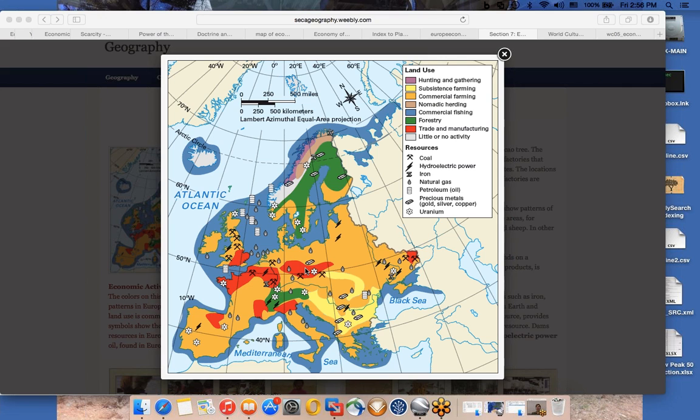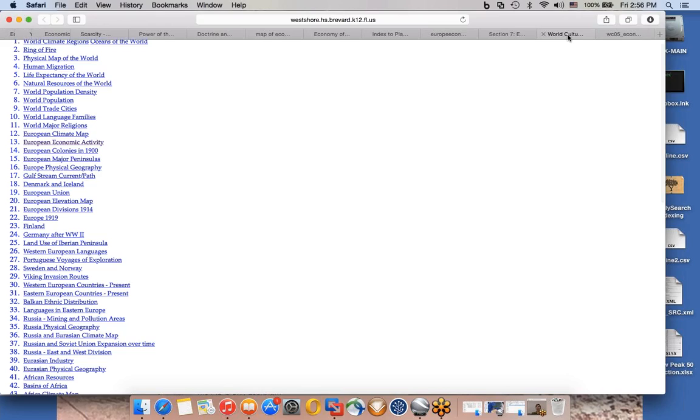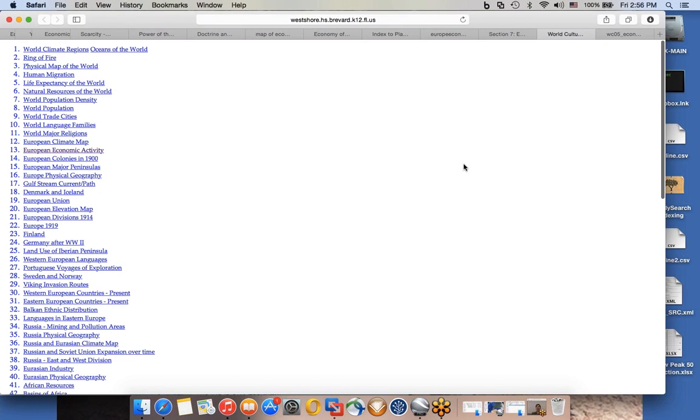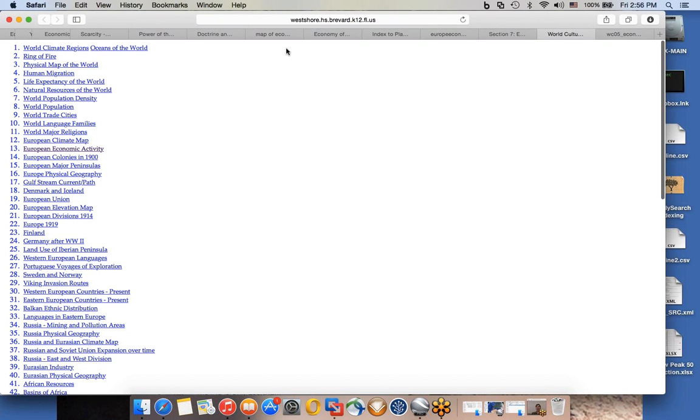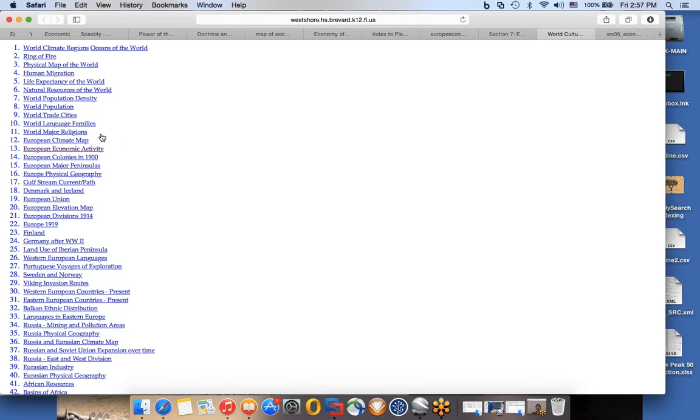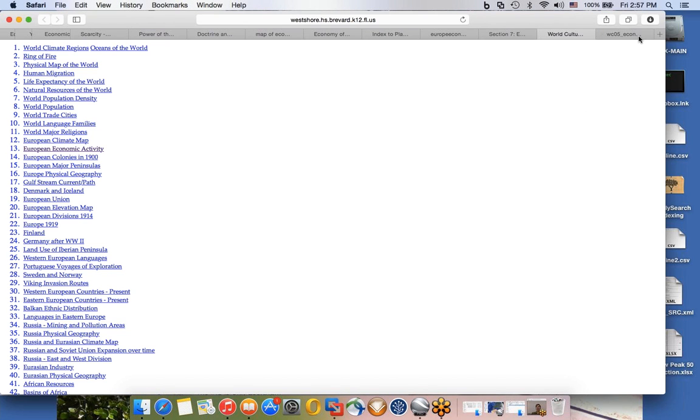It shows the different economic regions, the activities of those regions, and then the resources available in the different regions. Okay. I found this other website. This seems to be a high school in Florida, and it has a list of lots of different maps.